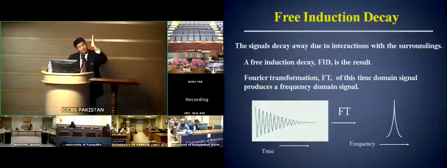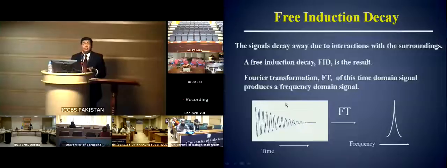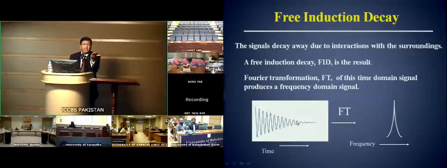Remember, if I truncate my FID here, if at this point I turn off the detector, I know that my magnetization vector is just somewhere in between the XY plane and the Z axis. It's only 45 degrees out of 90. And for the second experiment I would give a 45 pulse and bring it again to the XY plane.